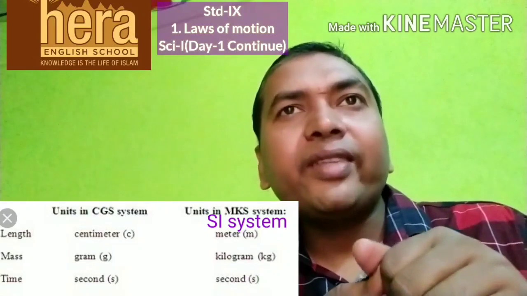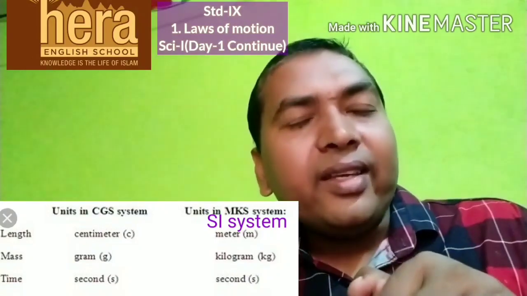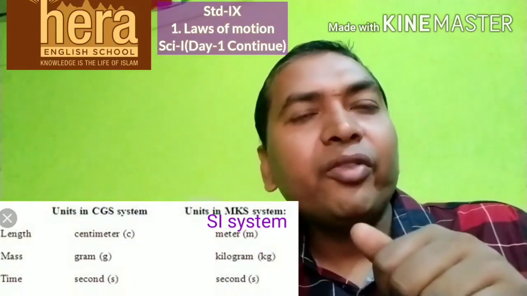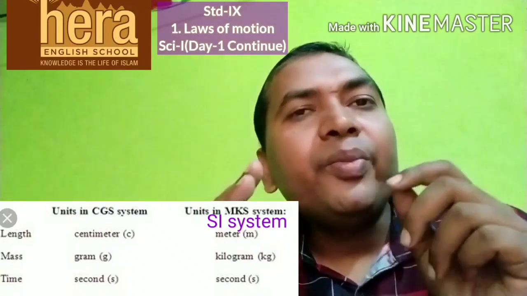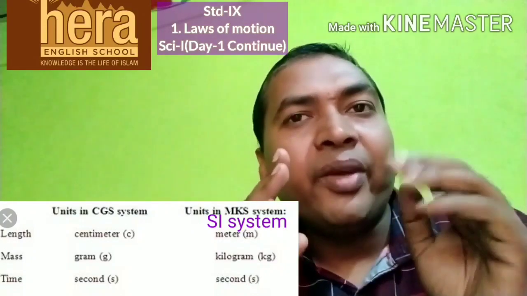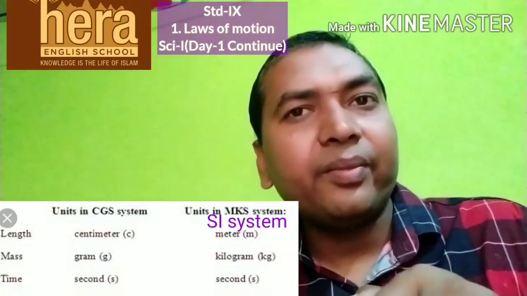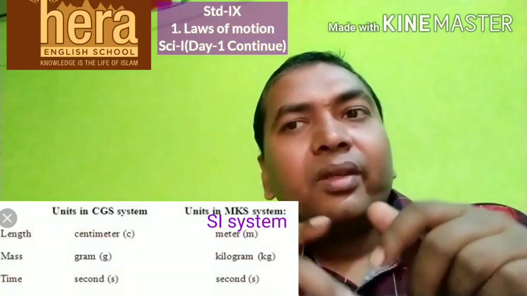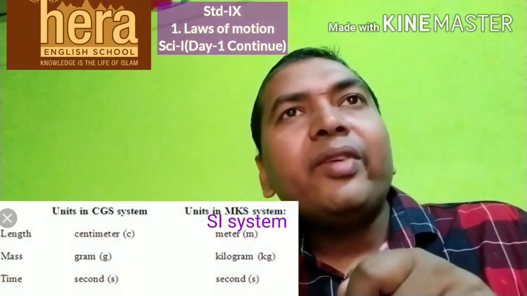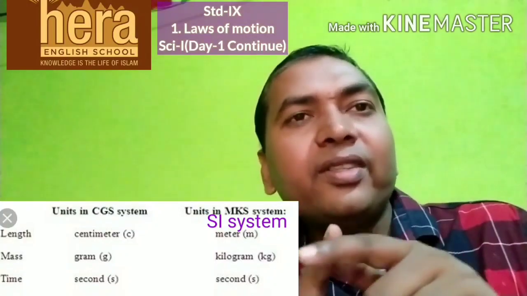Understood? If I say what is the SI unit of length, then you will say meter, because we measure length in meter in SI system. What will be the unit of length in CGS system?